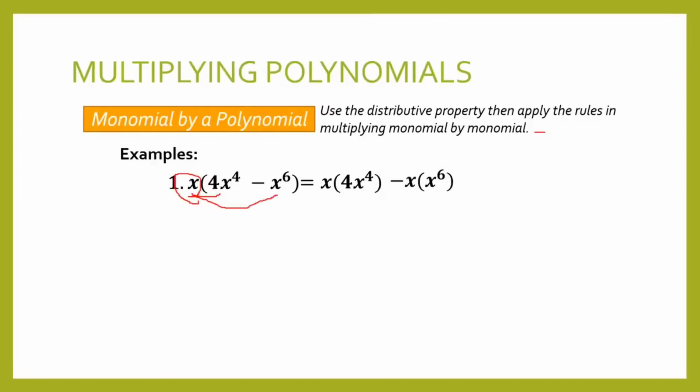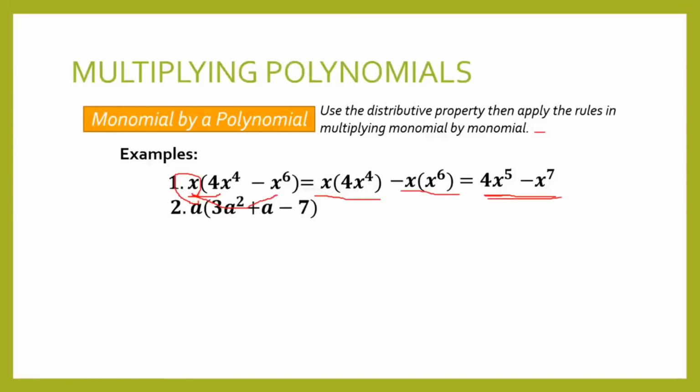After that, we solve it by term. We first multiply x times 4x raised to 4, and the result is 4x raised to 5. Next, x times x raised to 6 is equal to x raised to 7. When we combine those two, the final answer is 4x raised to 5 minus x raised to 7.